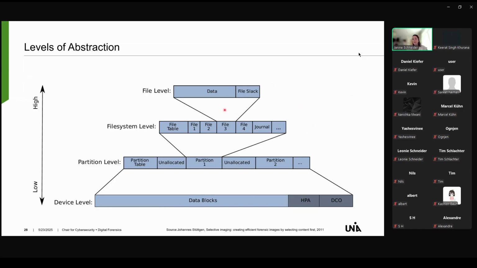Then we have some files here that can be interpreted, for example, as email, as database, as picture, as whatever. And every single abstraction layer introduces some kind of interpretation that is required. For every abstraction layer, you have to interpret the data in order to get to the next abstraction level.